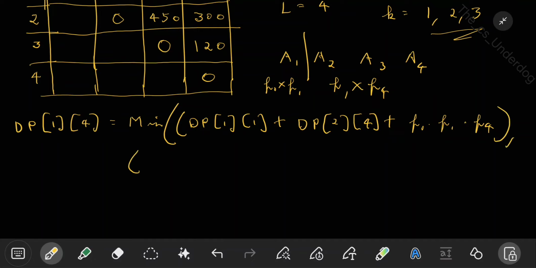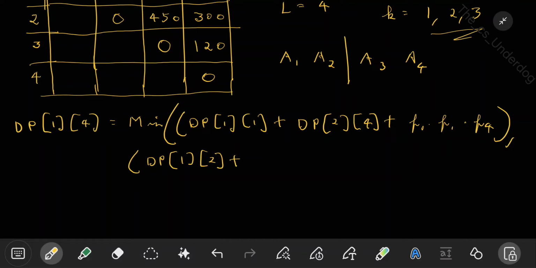Second case is that minimum of all these things we have to take. Second case will be that the split is at k is equal to 2. If split is at k is equal to 2, your first one will be dp of 1, 2. This is the first part of your split. Your second part of split will be dp of 3, 4. This is the second part of your split.